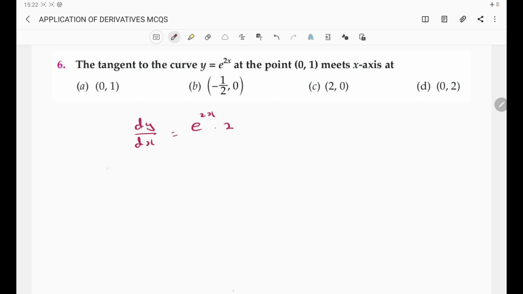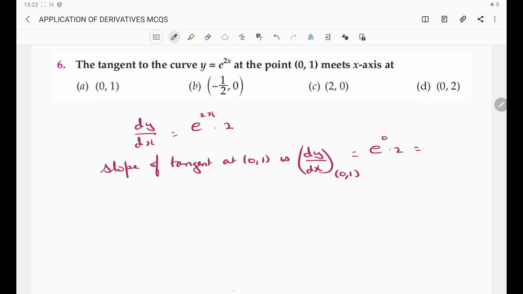So the slope of the tangent at (0, 1) is dy by dx at the point (0, 1), which is equal to e to the power of 2 into 0, into 2, that's equal to 2.